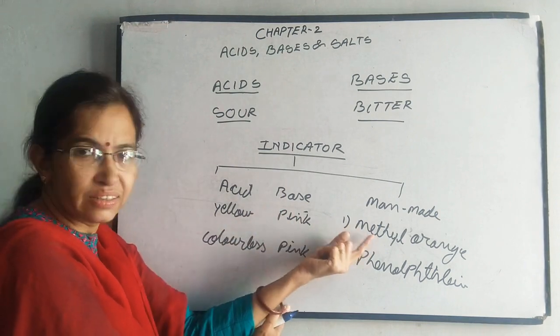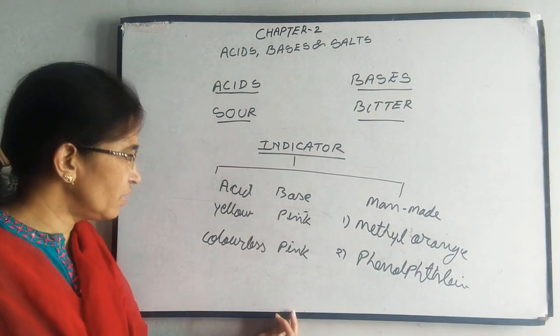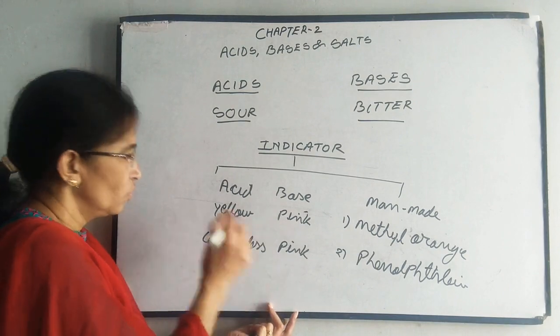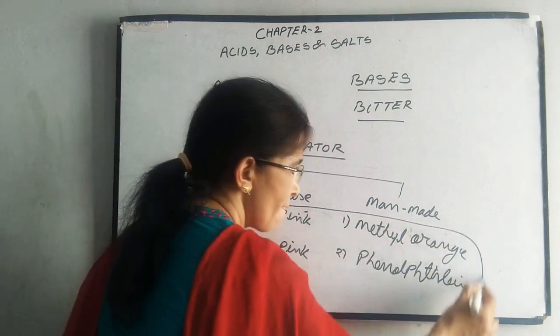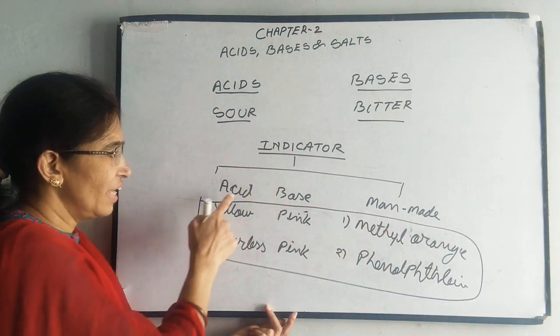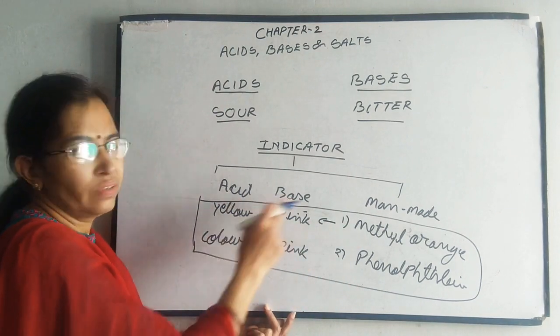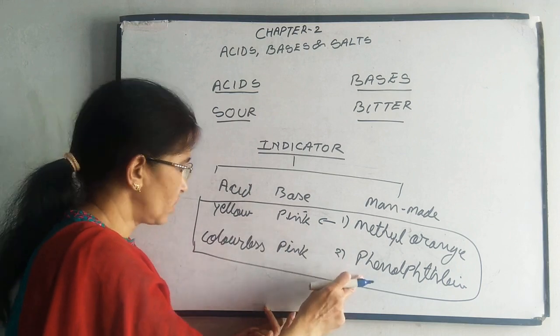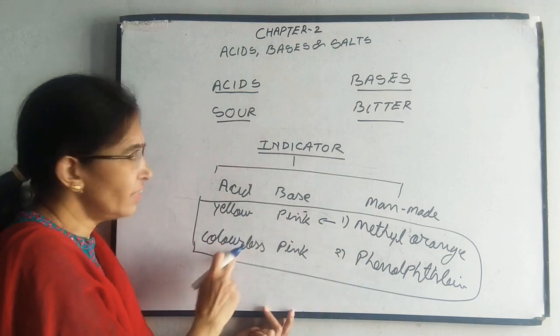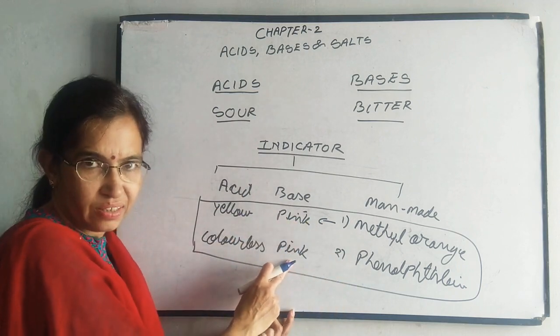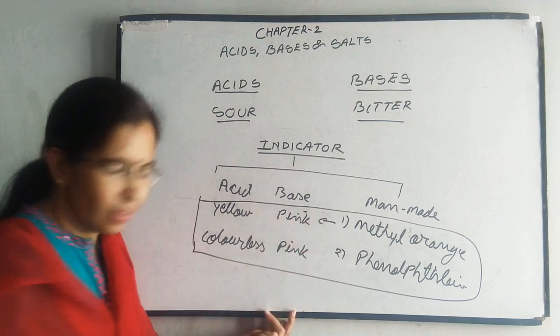Find out the substance, then it will be methyl orange. Clear now? Note this down. In acid, methyl orange is yellow. In base, it is pink. Phenolphthalein in acid is colorless, and in base it is pink in color.